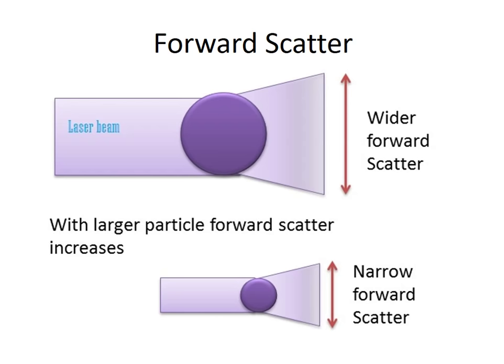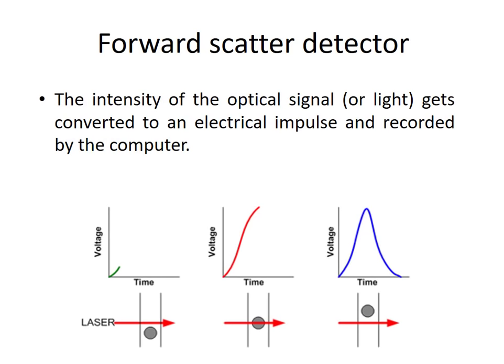What I need you to know is forward scatter gives me an indication of the size of the cell. You will definitely have to write that in your report. And likewise, side scatter, and in this case you can see a large cell gives a wide forward scatter, and a small cell will give a narrow forward scatter. So you should get the rationale from that.